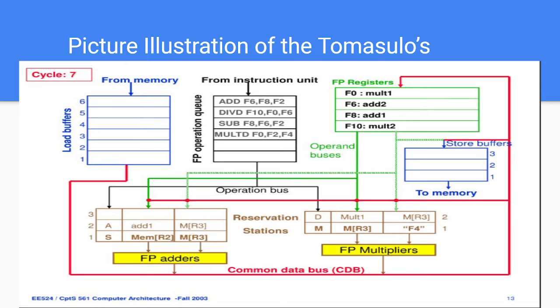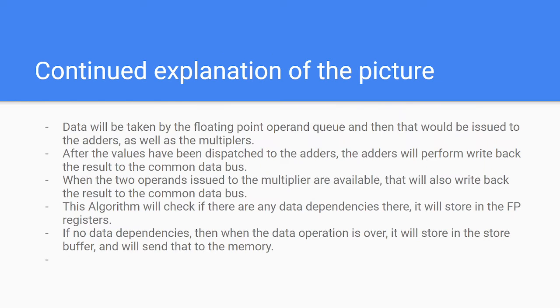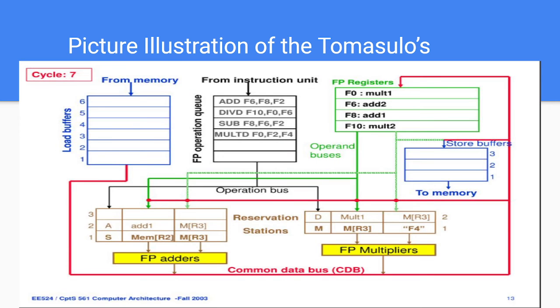If there are any data dependencies, then it will store in the floating point register, which is the green box here. And if there are not any data dependencies, then it will store in the store buffers, which is this blue box beneath, and send that to the memory.